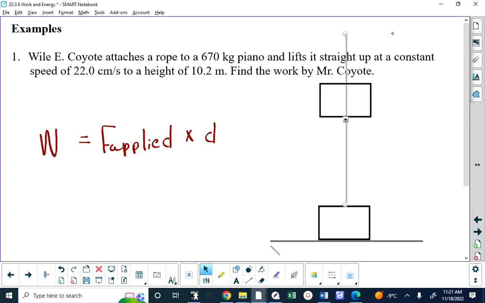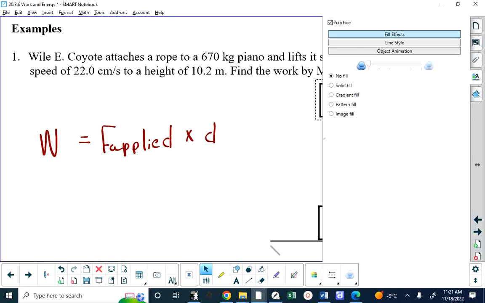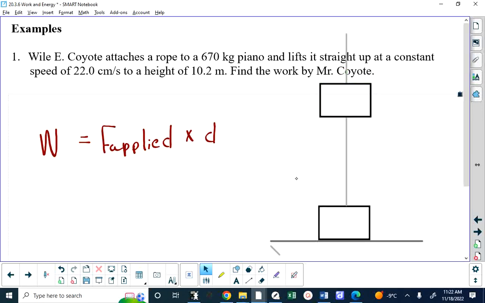Well, it doesn't matter. Okay, so he's pulling it up to a certain height somehow. The height is 10.2 meters.